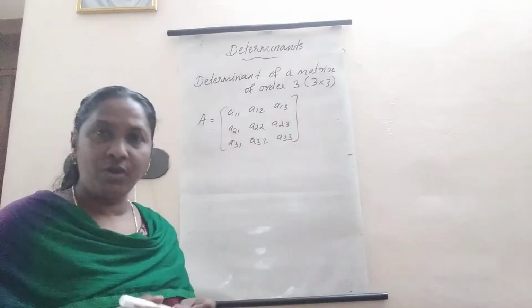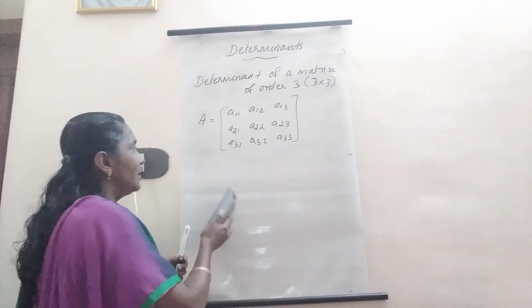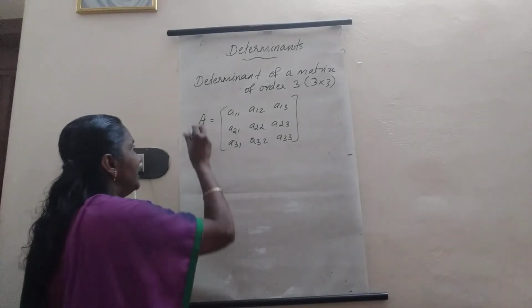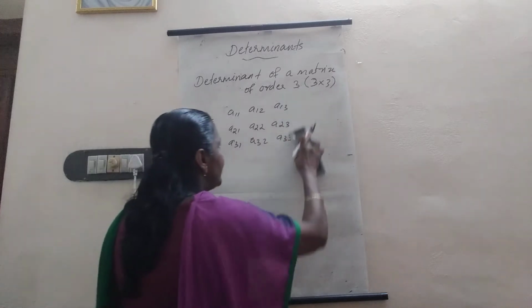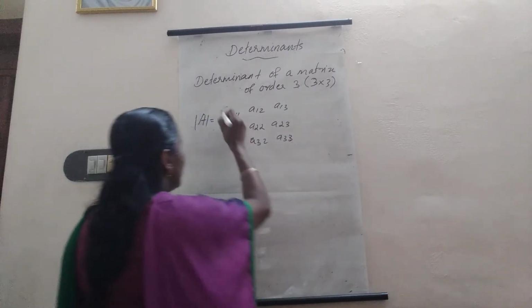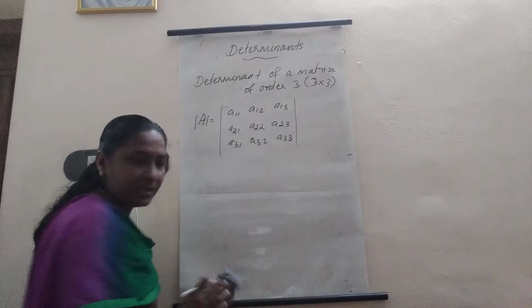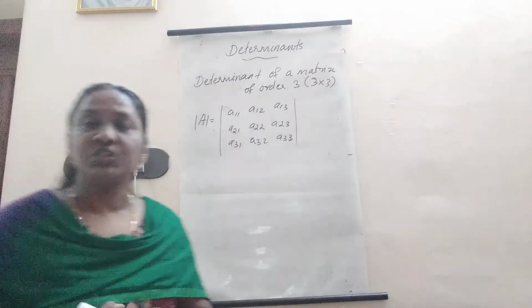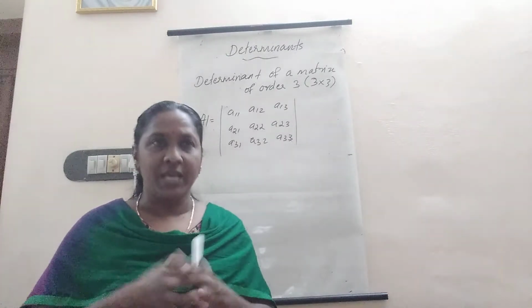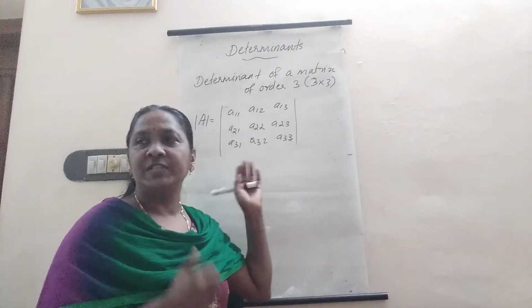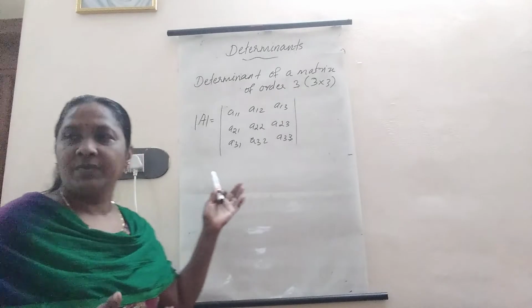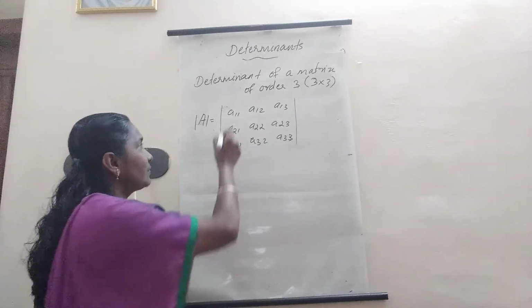Then determinant of the matrix is determinant A. Then the notation also is changed. Determinant of a matrix of order 3 can be expressed in terms of second order matrix. You can see how it is possible.